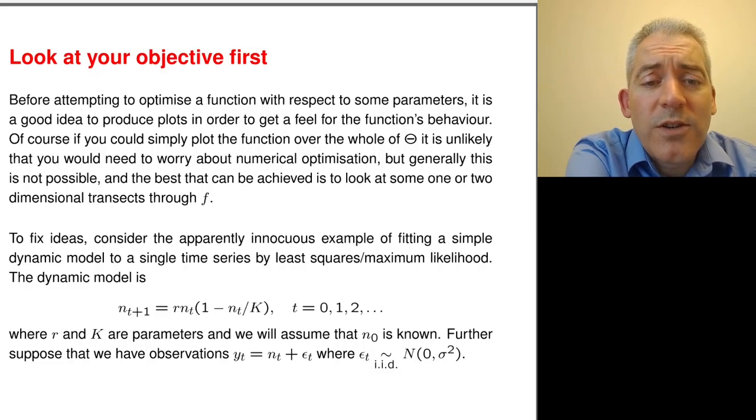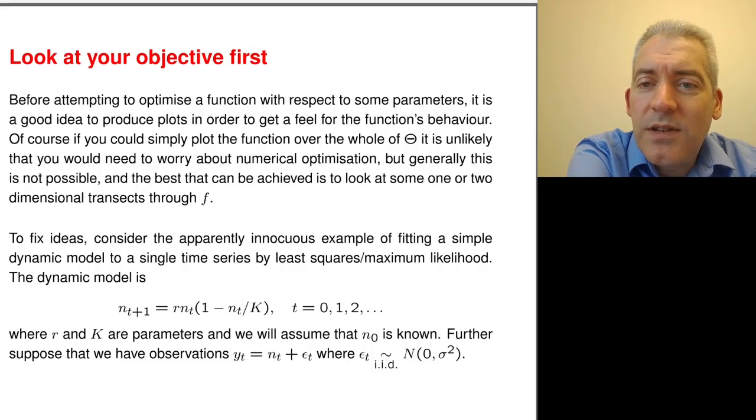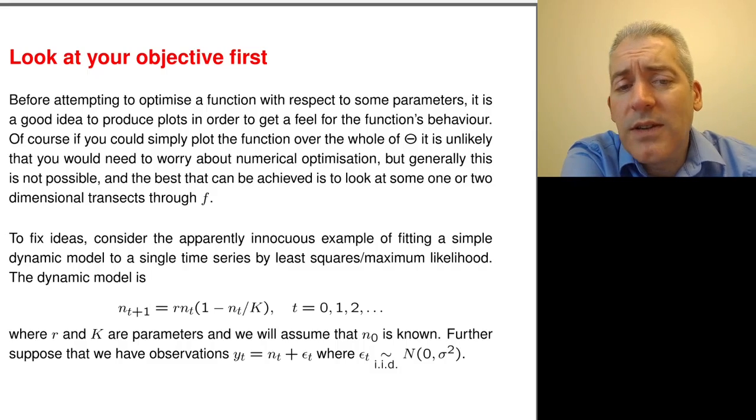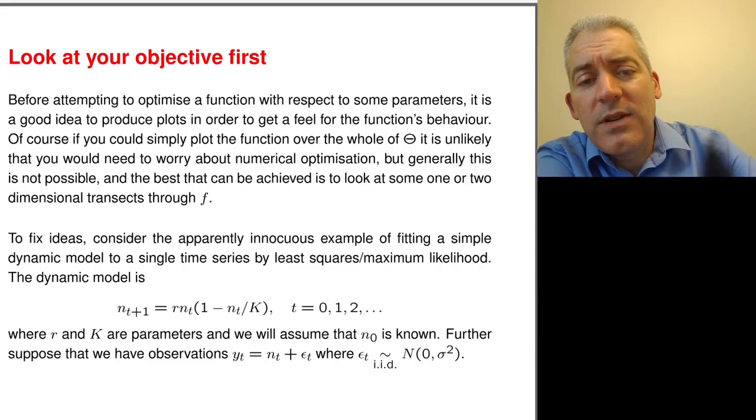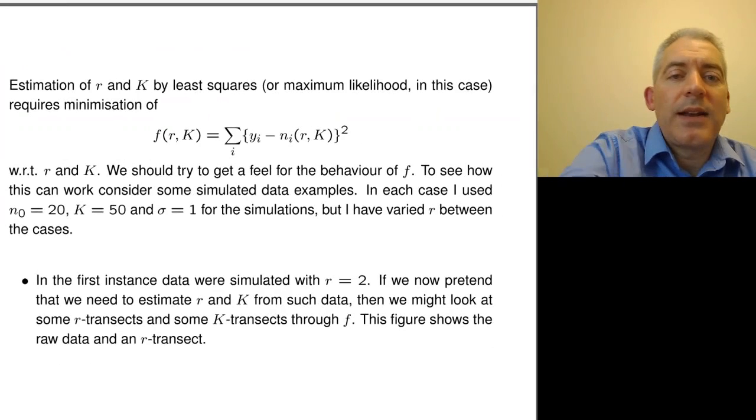We're going to suppose that we've got some noisy observations, so this is going to make it a more statistical problem. There is this true dynamical system, but we don't observe the true dynamical system perfectly. We observe noisy observations of the true dynamical system, subject to some Gaussian noise. That's going to give us a least squares type likelihood.